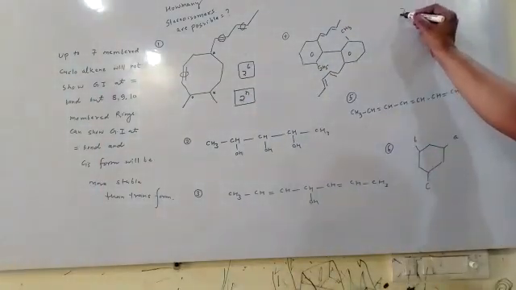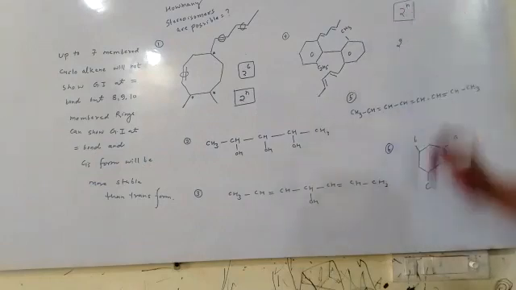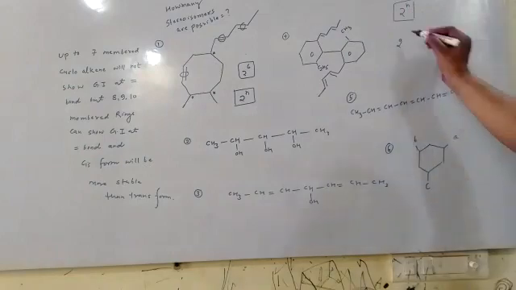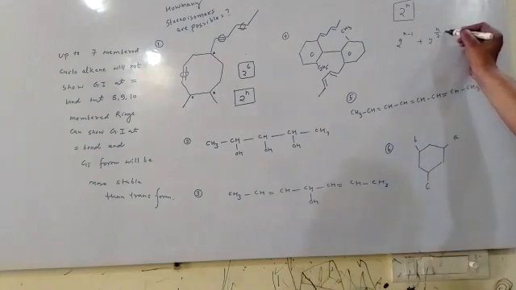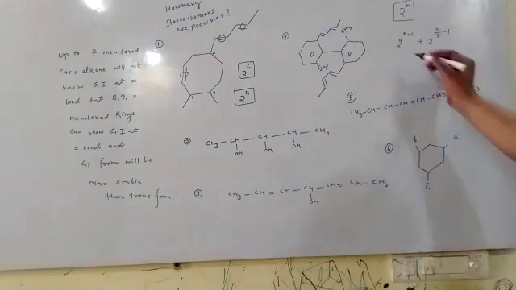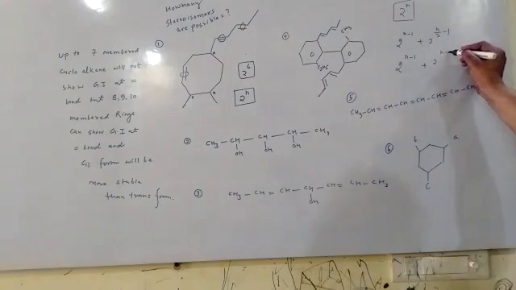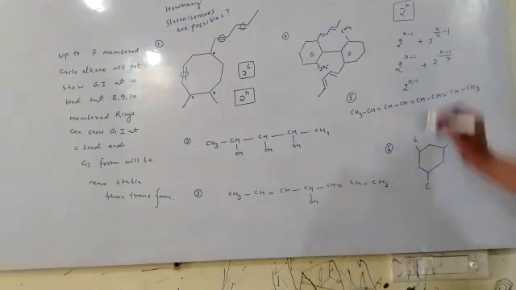If the molecule is dissymmetric, then 2 to the power n. If the molecule is symmetric, but the stereogenic centers are even in number, then this. And if odd in number, then this or this.